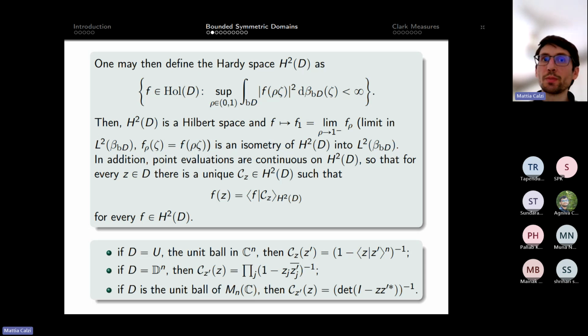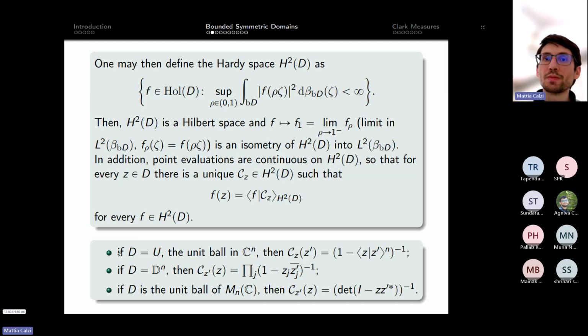And one may show that point evaluations are continuous linear functionals on H2, which is the same as saying that there is a unique C_z in H2 for which point evaluation may be represented as a scalar product against C_z. This is the replacement for the Cauchy kernel, because the Cauchy kernel would be the object that you would use to reconstruct the function from its boundary data. Here you use this object, which will be called the Cauchy-Szegő kernel.